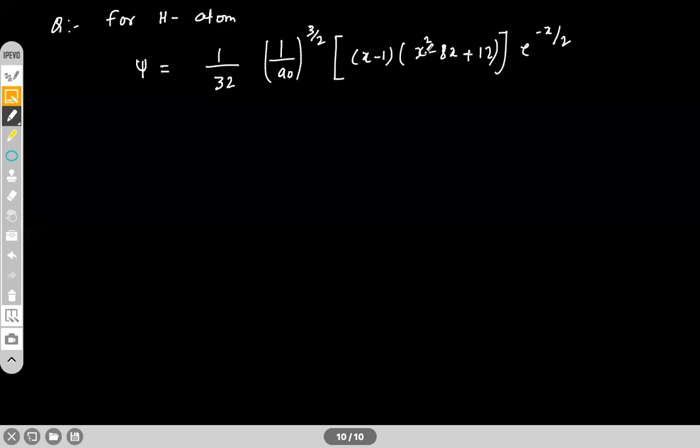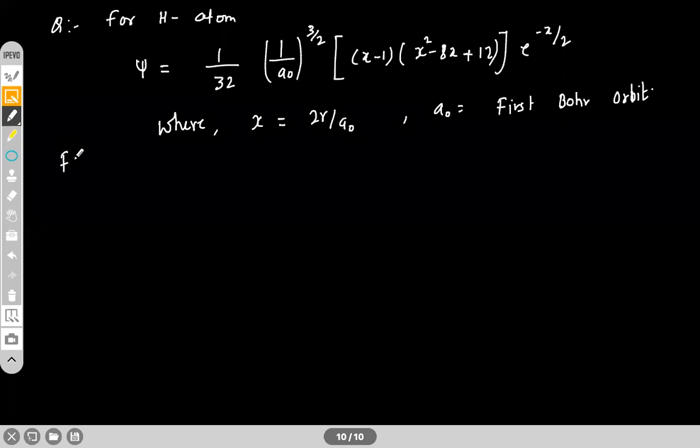This is the relation given for psi and x, where x equals 2r by a naught. a naught is the first Bohr orbit.